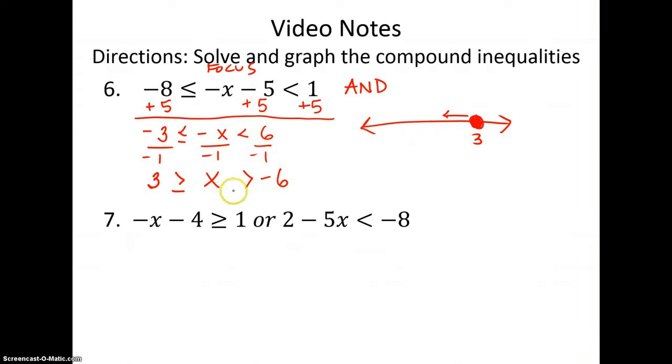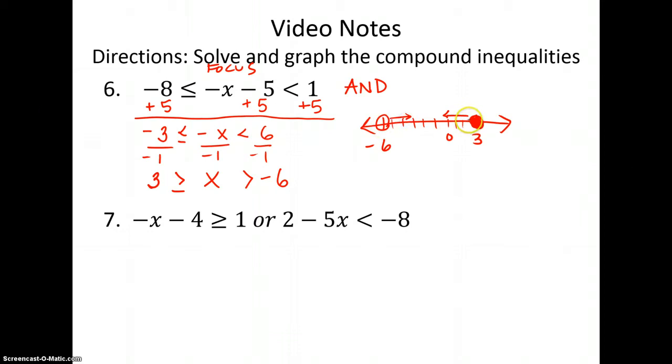But also x must be greater than -6. So over here, somewhere out here, we've got -6. 5, 4, 3, 2, 1, 0, 1, 2, 3. So there's our number line. We want x bigger than -6, so we want an open circle on -6, and we want bigger than that, so we are shading to the right.